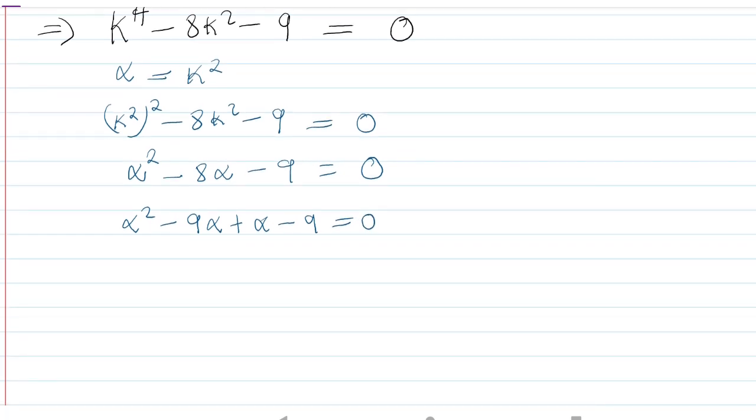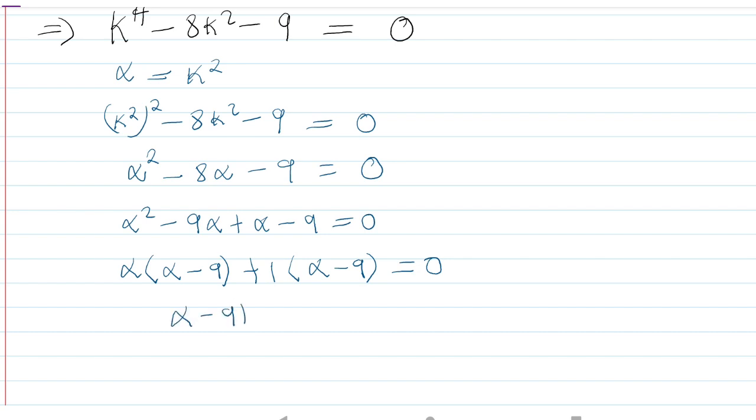Okay, so I'm just factorizing. I factor out alpha, I remain with alpha minus 9, plus, just factor out 1 here, I remain with alpha minus 9 is equal to 0.